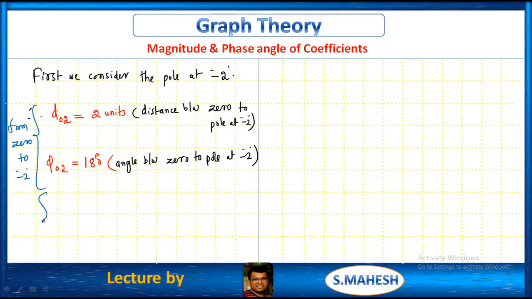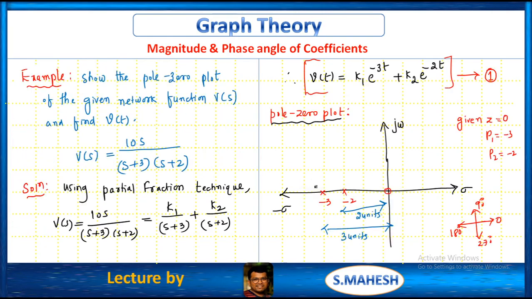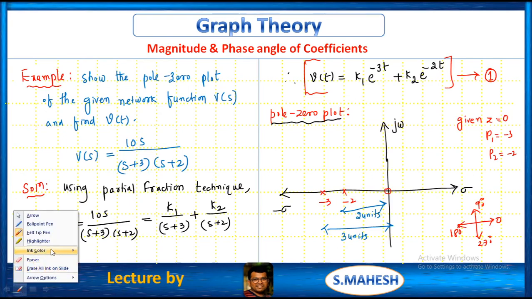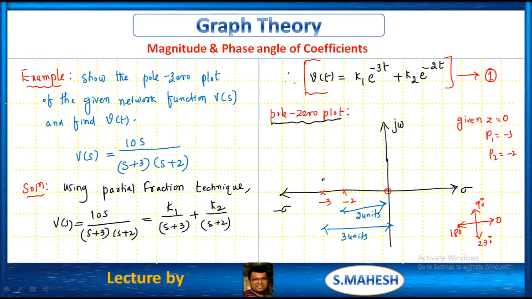Next we have to get from minus 3 to minus 2. What is the distance from the other pole to this pole? This is 1 unit.